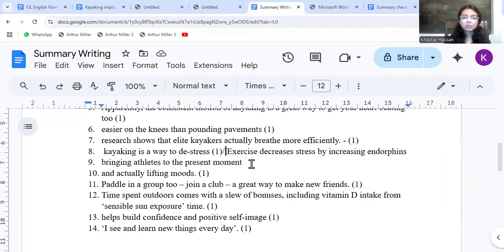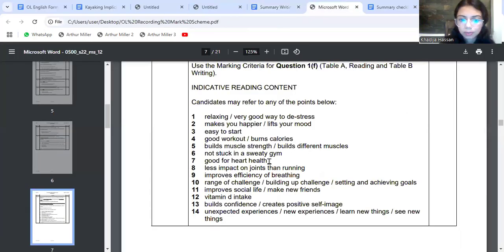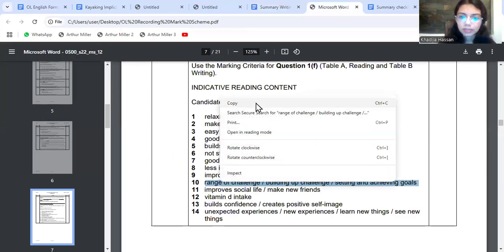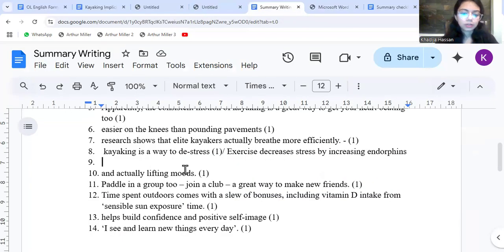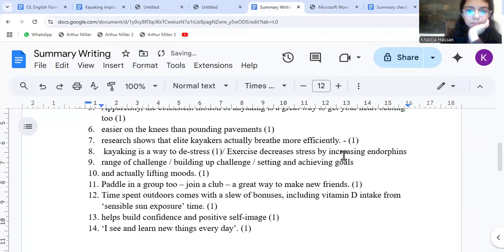Points. This was not a point, bringing athletes to the present moment. The one that they had in the mark scheme, however, was this one. Range of challenge, building up talent, setting and achieving goals. So let's put that here instead.